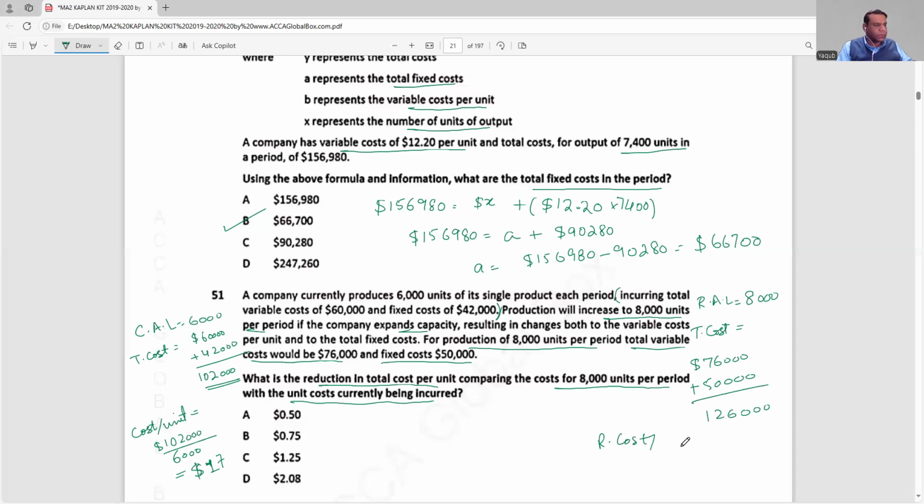So revised cost per unit is 126,000 divided by 8,000, 15.75. So current is 17 and revised is 15.75. So reduction in cost per unit is equal to 17 minus 15.75, 1.25. C is the right answer.